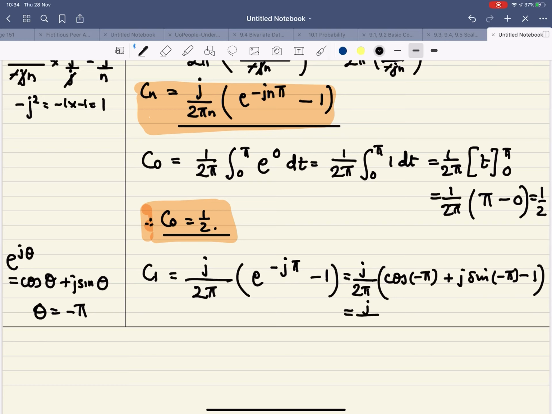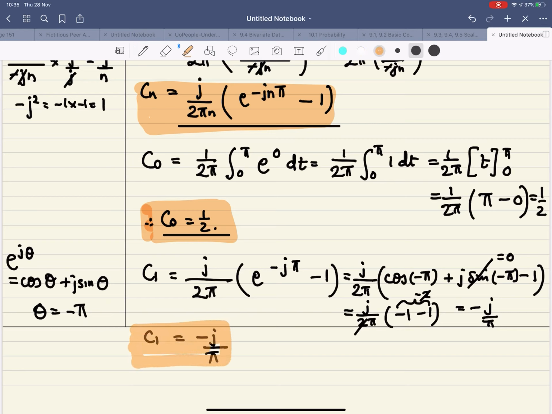Okay, so this is j over 2 pi, this is minus 1 on your calculator, this equals 0, minus another 1 at the end there. So this is minus 2 here, so that's going to cancel with that there, so that's going to be minus j pi. So C1 is minus j over pi. Check my answers. Yes, correct. Okay, so that finishes question 3.